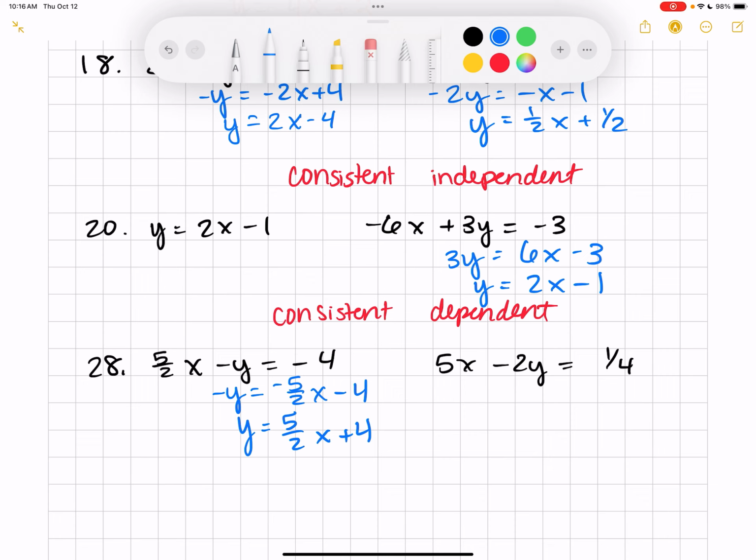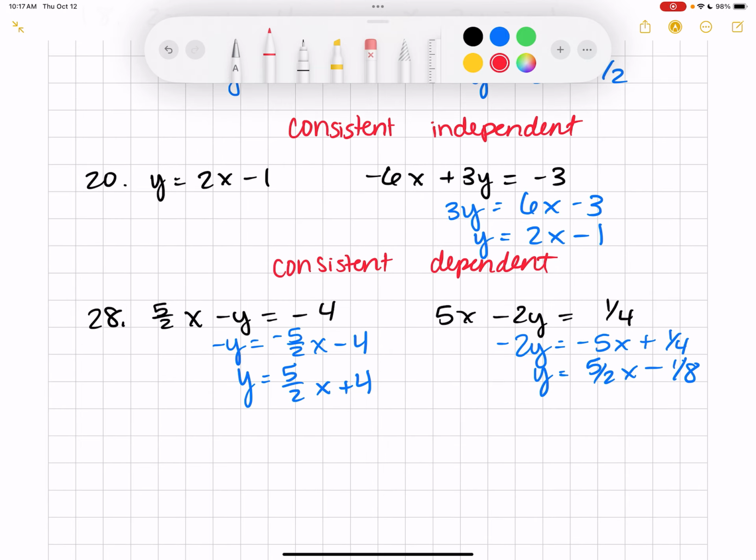And then over here, negative 2y equals negative 5x plus 1/4. And then y would be equal to 5/2 x plus minus 1/8. So what do you notice about these? Same slope, which means they're what kind of lines? Parallel. So then my wording would be what? Inconsistent.